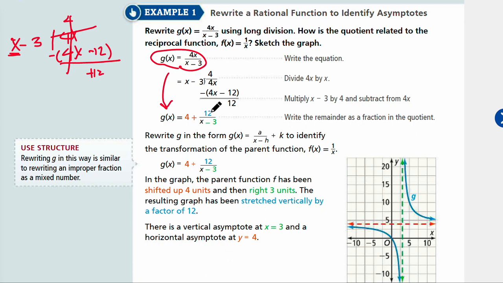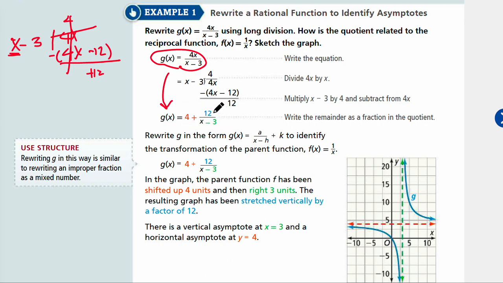If it's negative, then it's a reflection. It's not even a stretch or compression. Negative is a whole different thing. But if it's greater than 1, it is a stretch. Less than 1, it's a compression. And a horizontal stretch or compression has to be in front of your x. It should only change your x, not the whole thing.